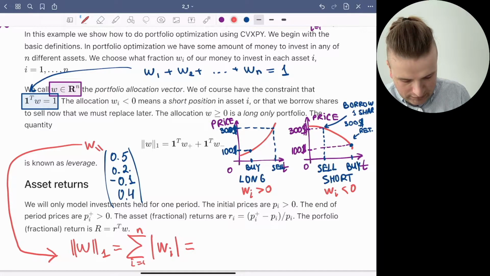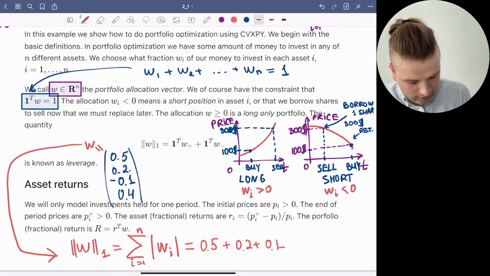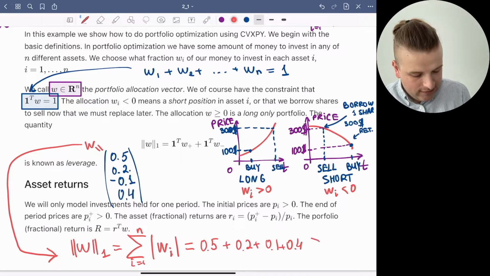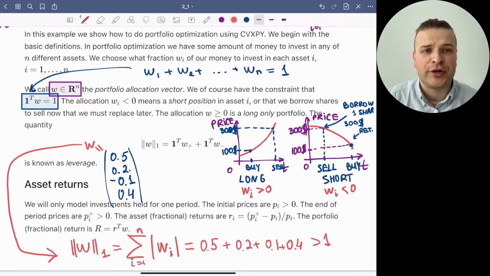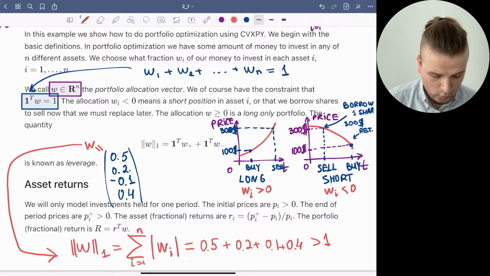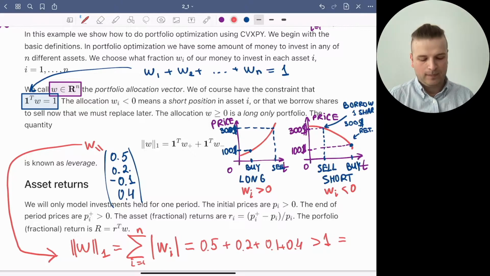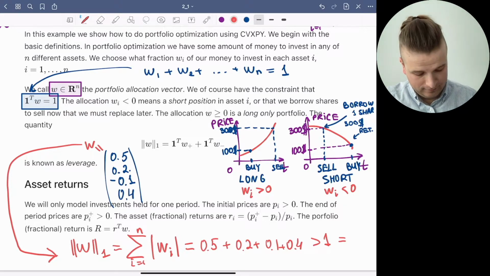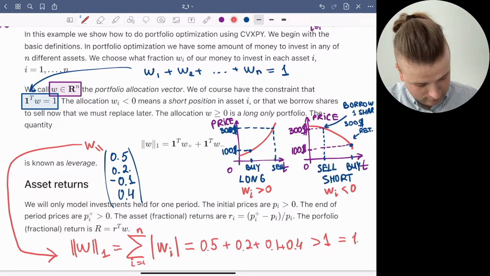It is nothing else but 0.5 plus 0.2 plus 0.1 plus 0.4, and you can see easily that this thing is greater than 1. Moreover, it is equal to 1.2, right?